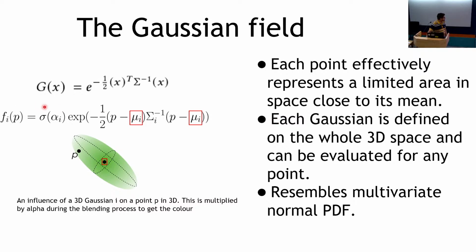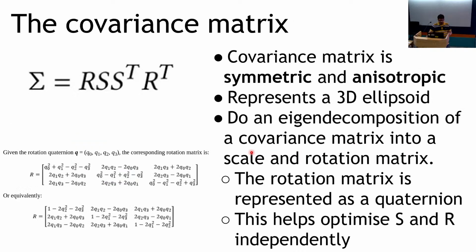So this is the formal definition of the Gaussian field. Each point effectively represents a limited area in space close to its mean. It resembles a multivariate normal PDF, and you have the covariance matrix.